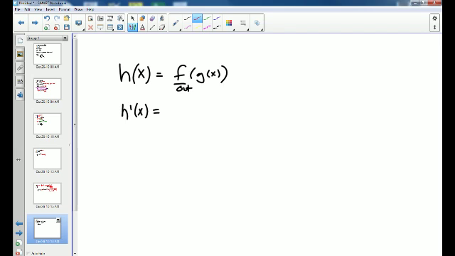And the inside is g of x. So we have derivative of the outside, copy the inside, times the derivative of the inside. If you look in your book, that's how the chain rule is presented. Formal, general chain rule.